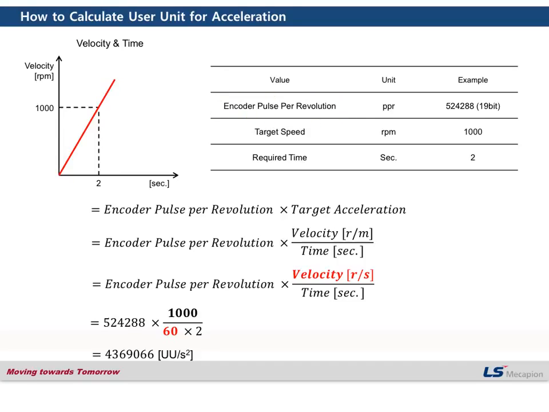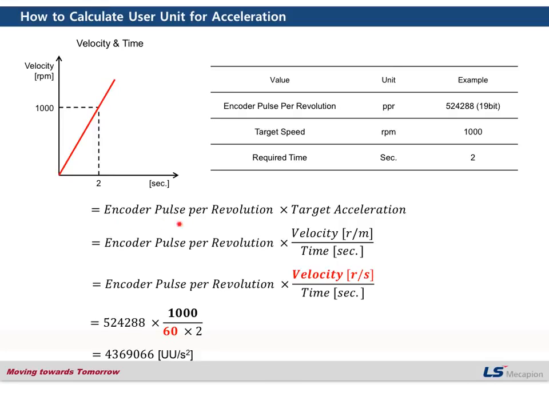In this case, this value is also 54288, and the target speed, as we checked in this chart, is 10,000 RPM, and the required time is 2 seconds. They are all the information we have to know in this step.